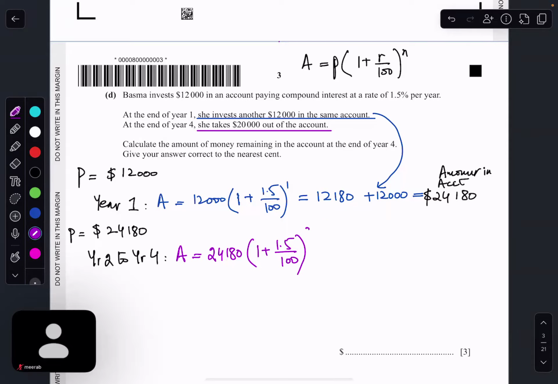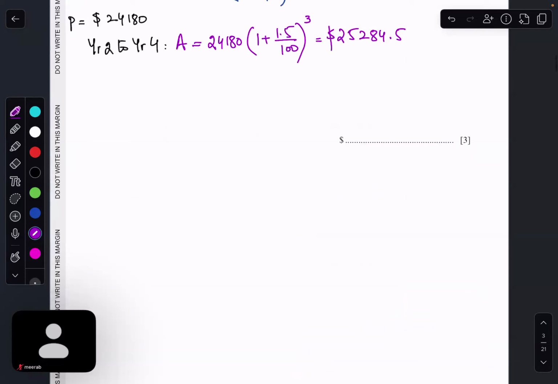How many years? We have 3 years. Year 2, year 3, and year 4. So let's work it out, it should be 25,284.5 dollars.